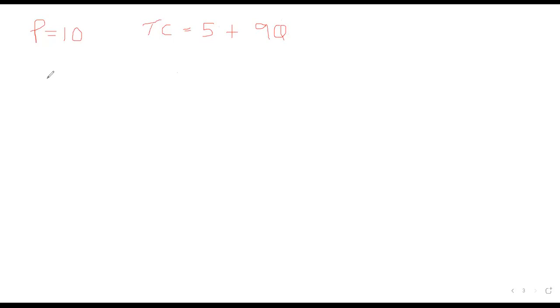Let's spice it up. Suppose we're given this function: 6 plus 8q.